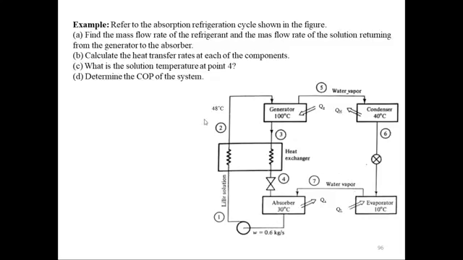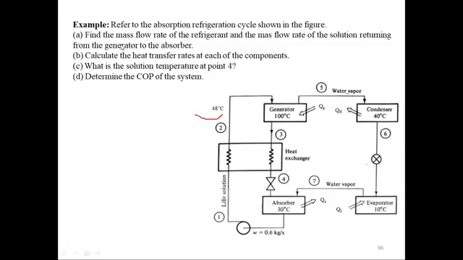The difference is in the temperature after the heat exchanger. Previously we had done it with 52 degrees centigrade. This is 48 degrees centigrade. So that's one of the modifications, and the questions are a little bit different than what we had before. So we have to see how to answer those questions.